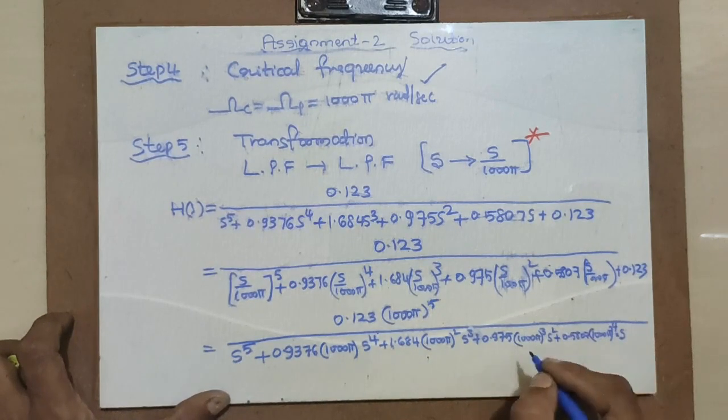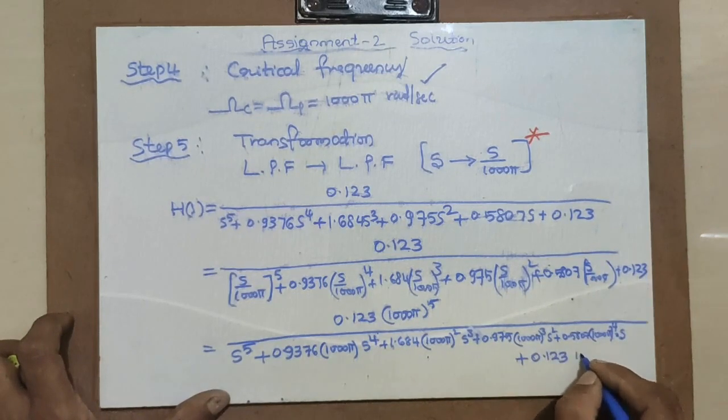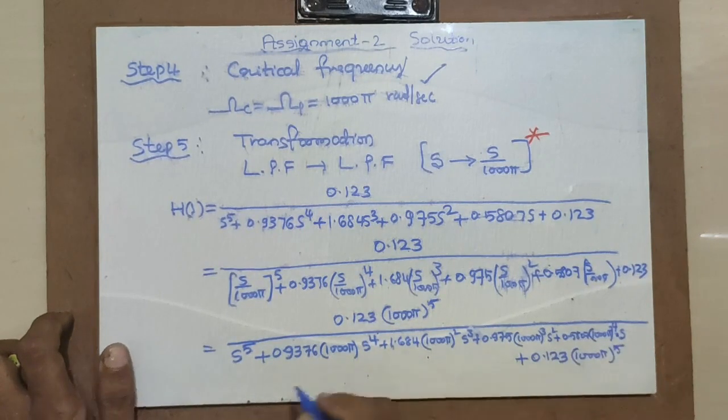Last step, last term 0.123 (1000 pi)^5. This is your H(s).